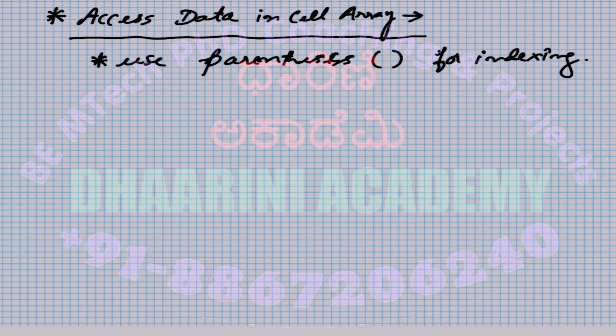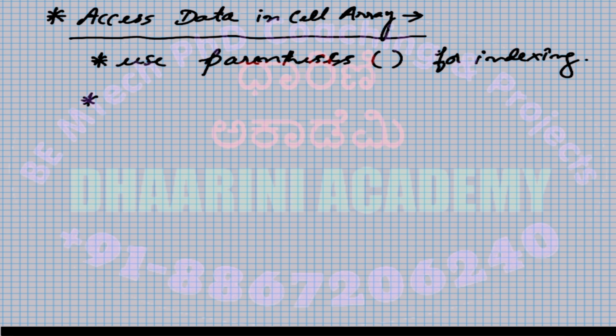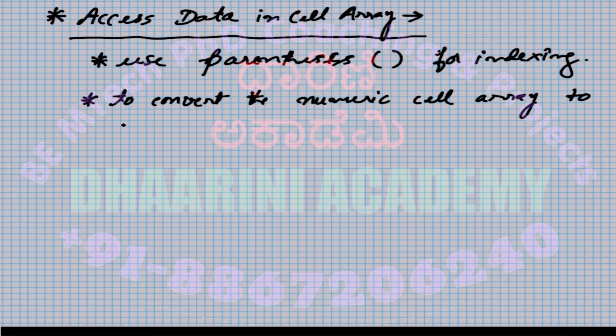If our intention is to convert the numeric cell array into the normal array, we have to use a particular function, and that function is called cell to mat.